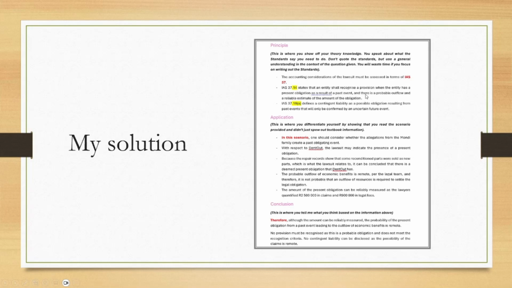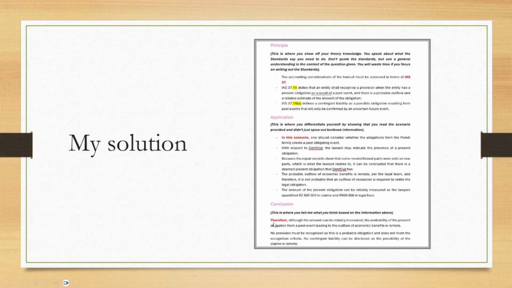Now you need to see if there's a probable outflow and a reliable estimate. I spoke about the probable outflow being remote per the legal team, and therefore it's not probable that an outflow of resources is required to settle the legal obligation. Is it a reliable estimate? The amount of the obligation can be reliably measured, as the lawyers quantified 2,500,000 in claims and 900,000 in legal fees. So what do you think based on all this information above?